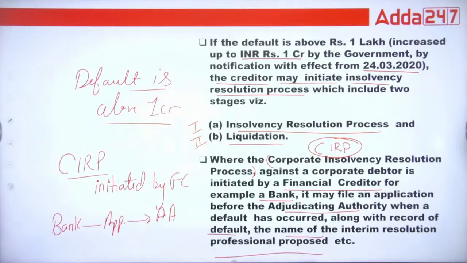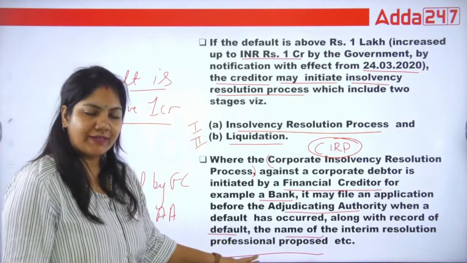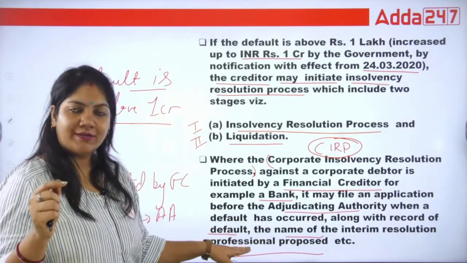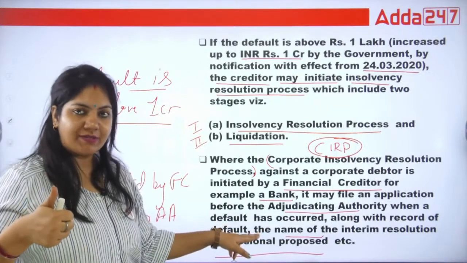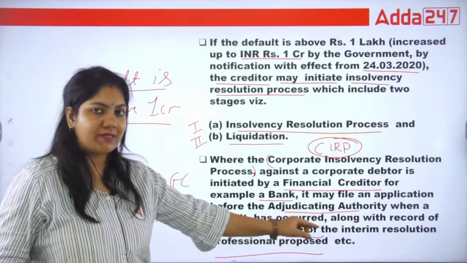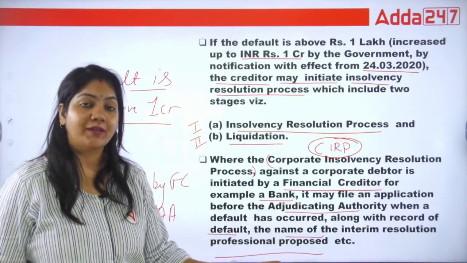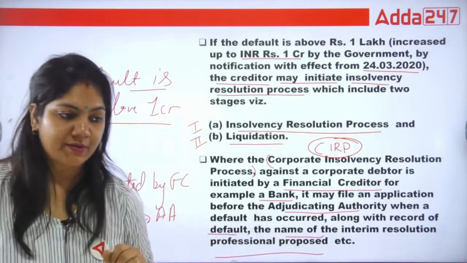The bank also has to present the record of default and the name of the interim resolution professional. So we know what a resolution professional is. That is the pillar of this IBC code. Interim means, suppose there is no resolution professional, we can appoint an interim resolution professional. Interim means for a temporary period.